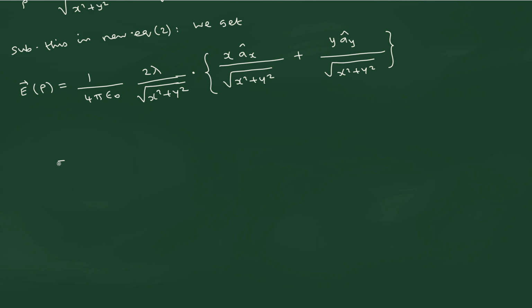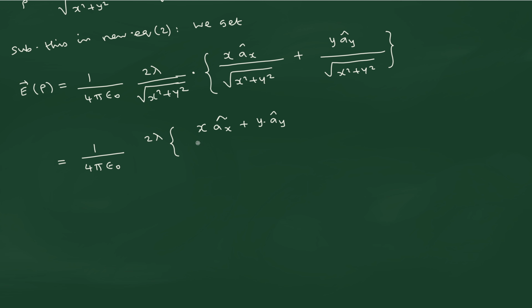So almost we have done. There is nothing to simplify more. We can now write down that this is equal to 1 divided by 4 pi epsilon 0 into 2 lambda into, we can say like this, these two we can multiply, that's why I am writing like this, x into ax, this is a unit vector, plus y into ay unit vector.